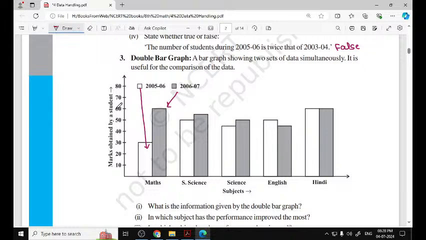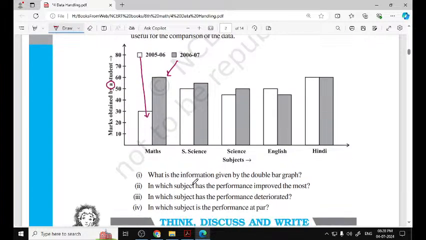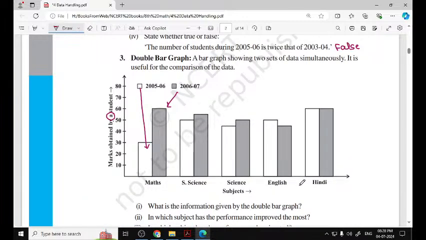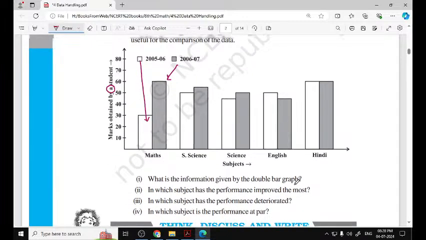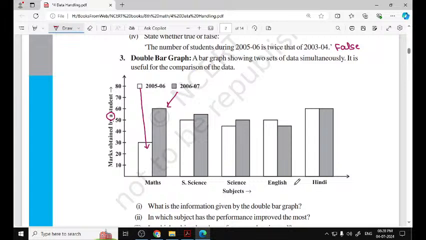This is the representation for a single student. What is the information given by the double bar graph? The double bar graph represents the marks in 2 consecutive years in all the subjects: math, science, social science, English and Hindi.